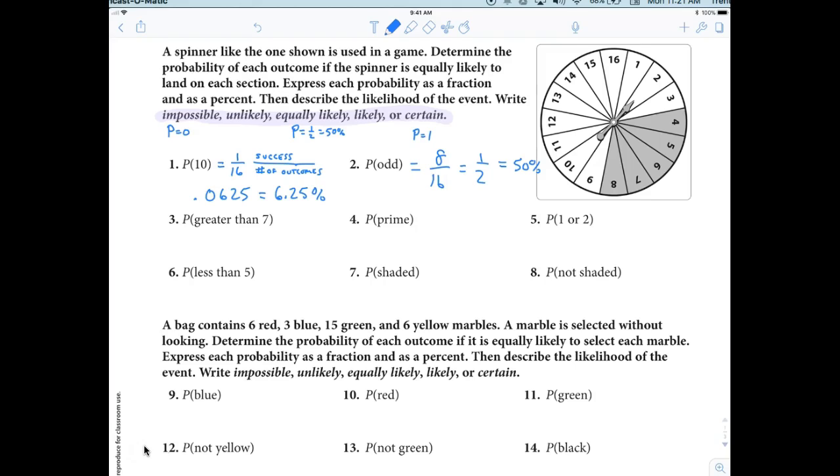So it would be 9 out of what? 9 out of 16. So now take your calculator, divide 9 by 16, please. And it would be 56.25%. Everybody okay with that? Anybody have any issues?